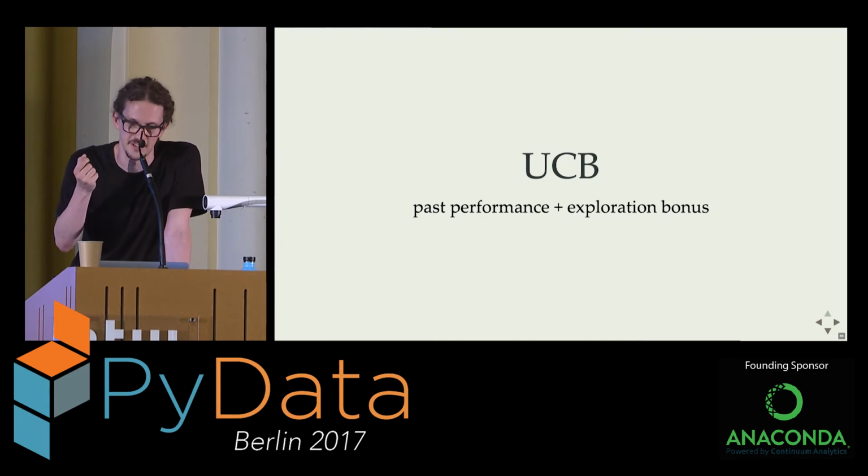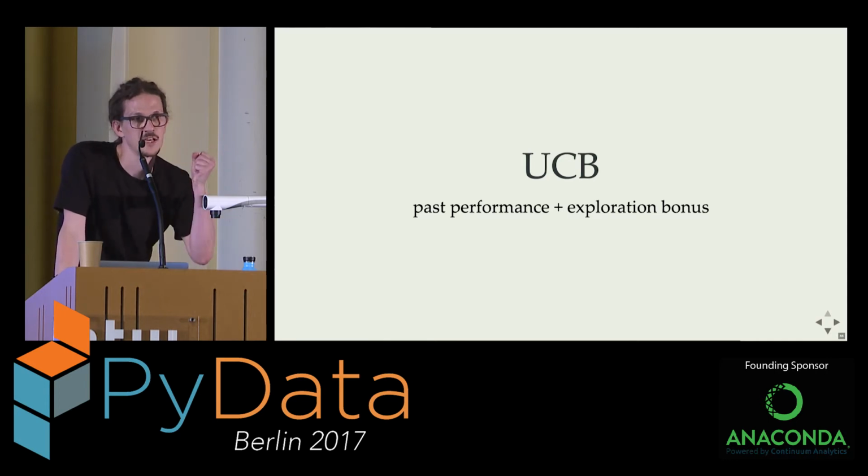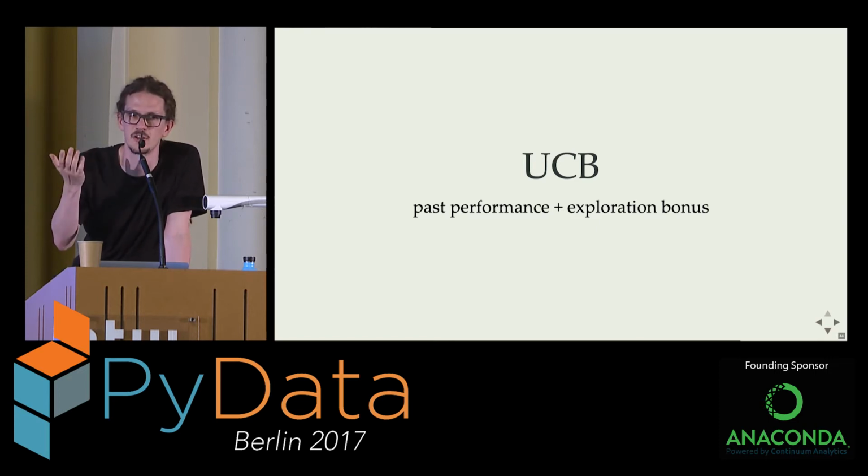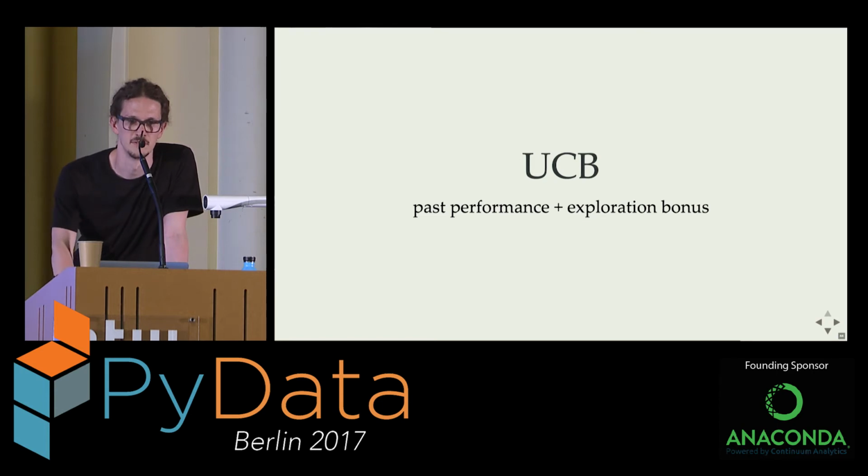But it also has this exploration bonus, which is a trade-off of how many times you played in total versus how many times you played this particular bandit. So if you played 100 times in total, but this one arm you only played once and didn't get a coin, maybe you should play it a little bit more to get some coins, right?